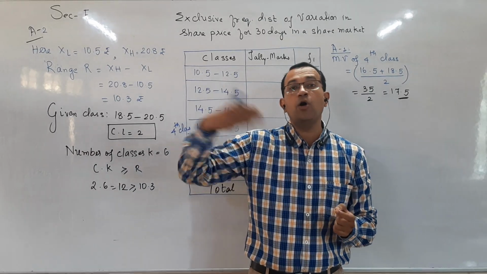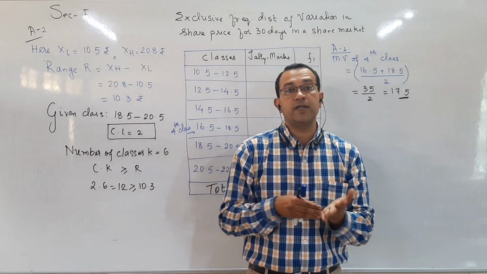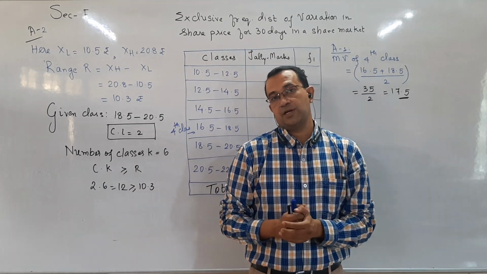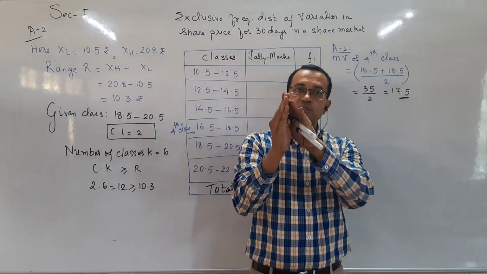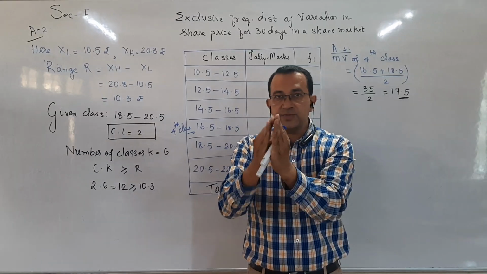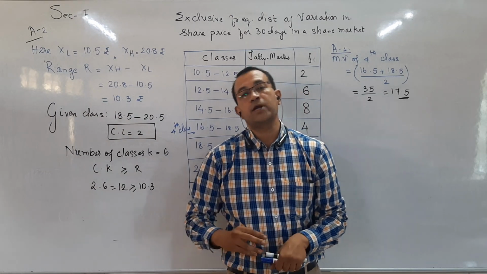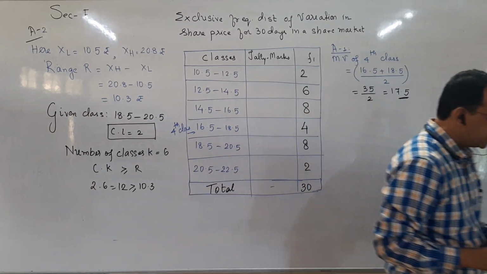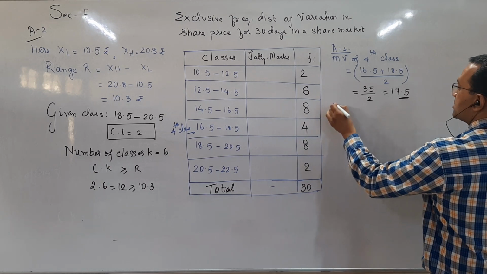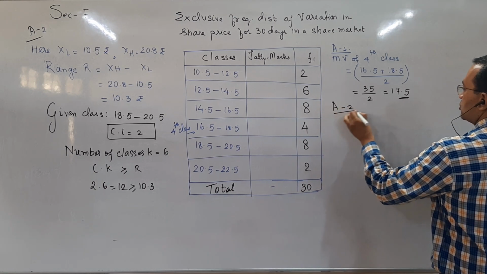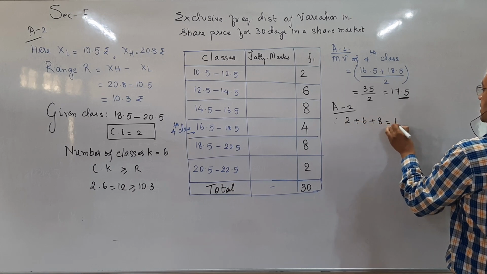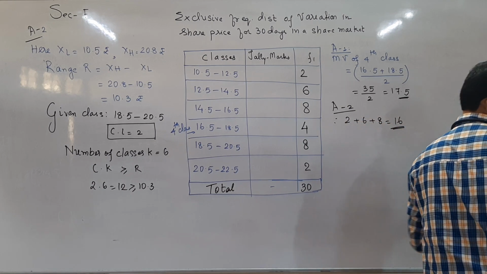So 20 or more, you can practice 20, 25, 27, but you cannot practice 19 sums. So at the most means that value and you go left. At least means that value and you go right. So even if you count verbally, students, the answer should come as 16. So the answer is 2 plus 6 plus 8, and that is 16.